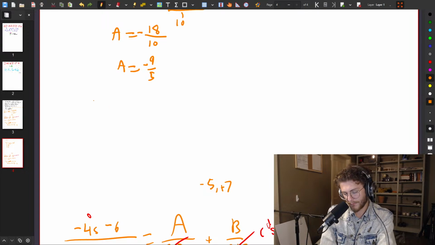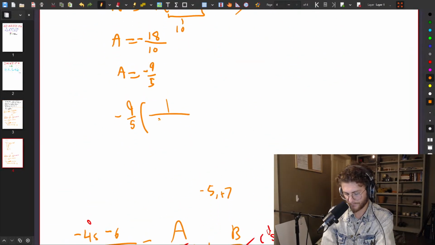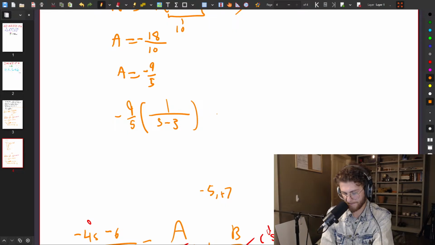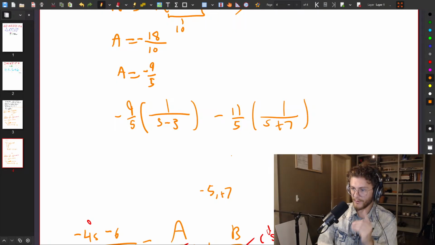So we now know that negative 9/5 times 1 over s minus 3, minus 11/5 times 1 over s plus 7 equals that original equation we had before.